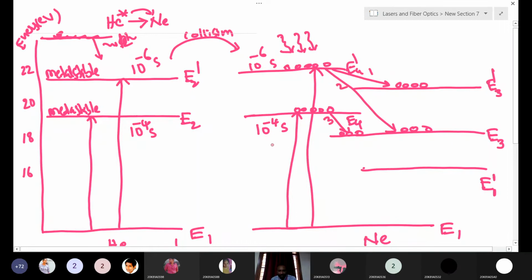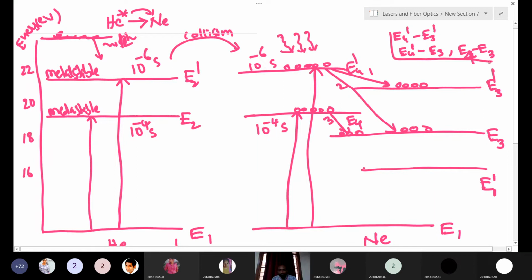First one, E4 dash to E3 dash. Next one, E4 dash to E3, and the final one, E4 to E3.